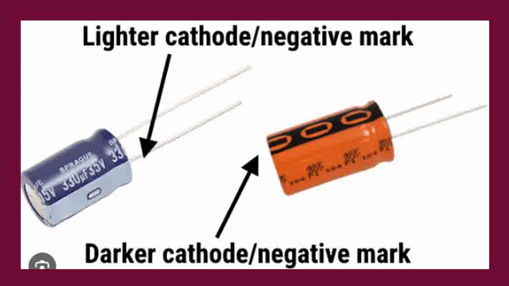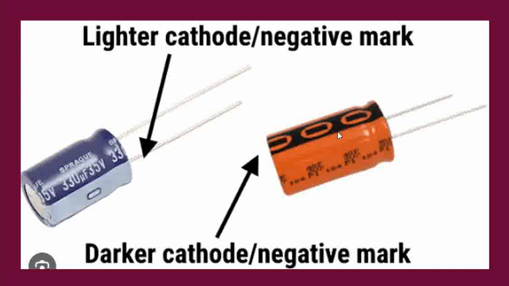Going to the next component, the electrolytic capacitors. Electrolytic capacitors are very easy to understand. We are talking about through-hole electrolytic capacitors here. You have a negative marking straight away, and you can also identify based on the leads. The shorter lead is the negative, and the longer lead is the positive.